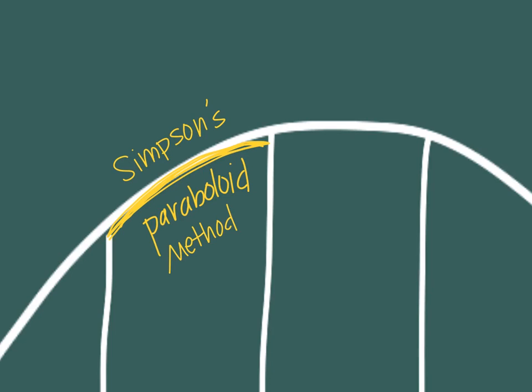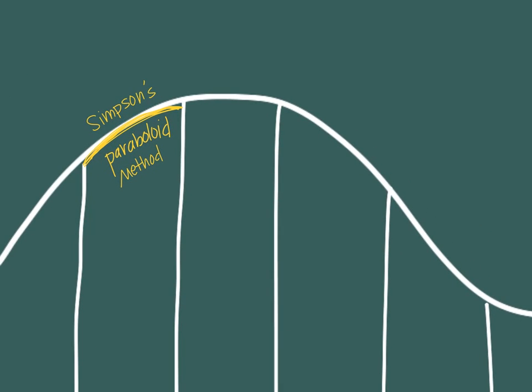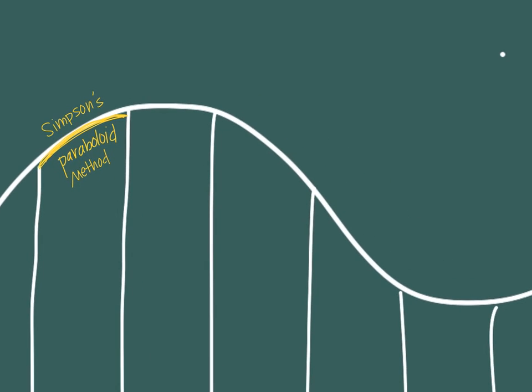And it's even more accurate than the trapezoidal method. The only restriction of Simpson's method is that it only works with even subintervals. Okay, you can't work it with odd. You have to divide your area up into even. So make a note to yourself that it requires an even number of subintervals.